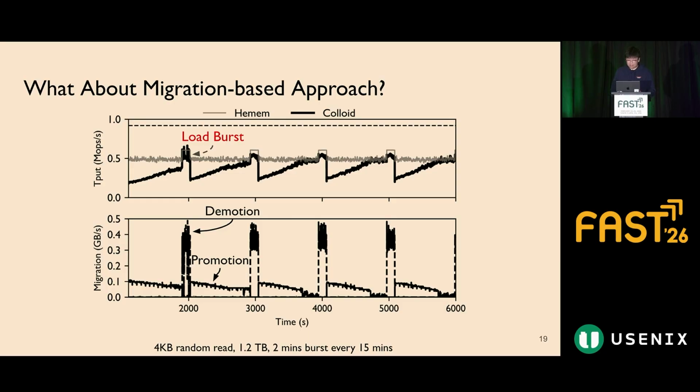In the bottom graph, we can see the promotion traffic show up. In total, Colloid migrated 400 gigabytes of data during the whole process and resulted in 26% lower throughput than HeMem, which is the approach with no balancing.